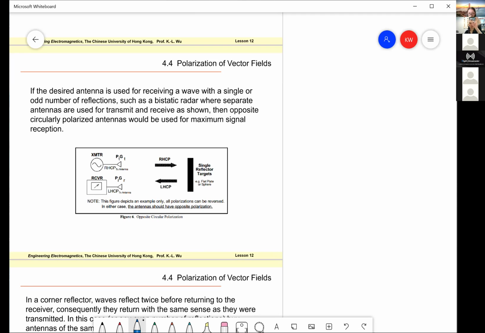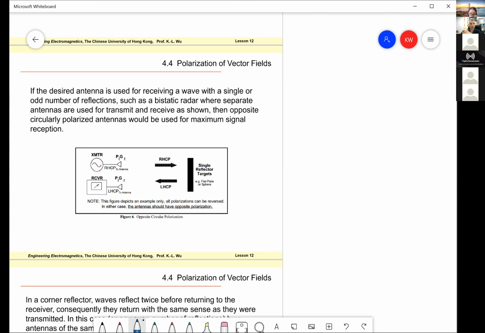This is a principle used in radar. Radar launches one kind of circularly polarized wave, and the receiver is set for the opposite circular polarization.